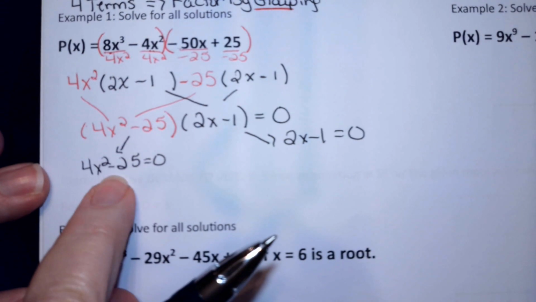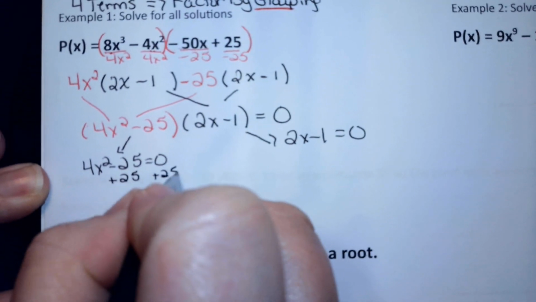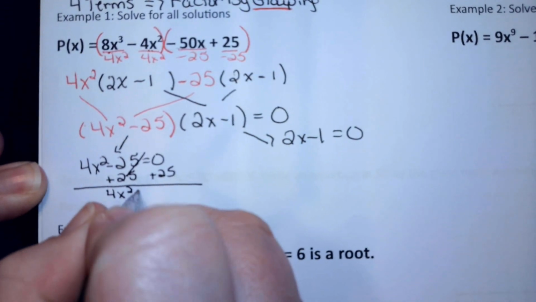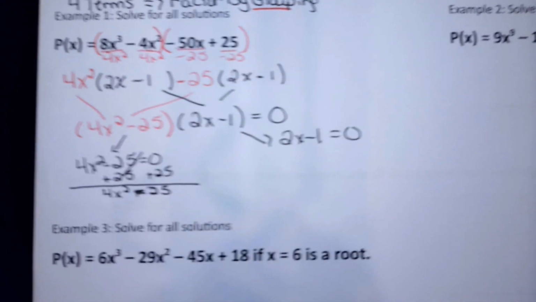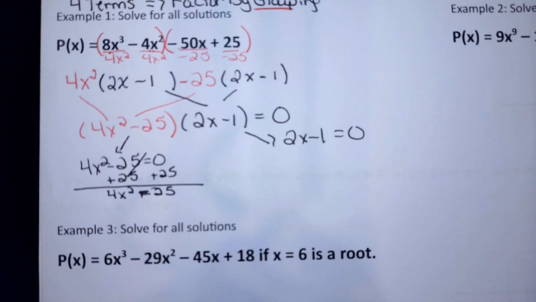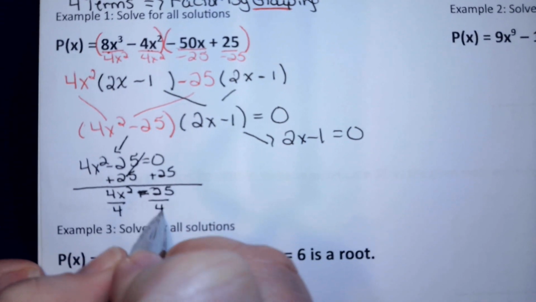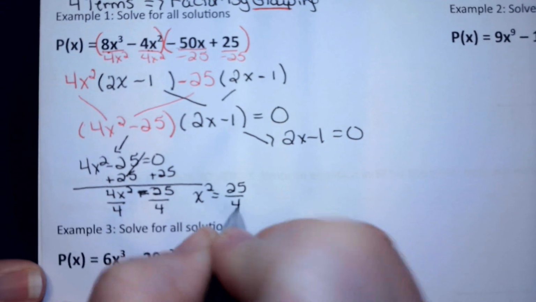Alright. The opposite of subtracting 25 is adding 25. So we get 4x squared equals 25. The opposite of multiplying by 4 is dividing by 4. So we get x squared equals 25 over 4.